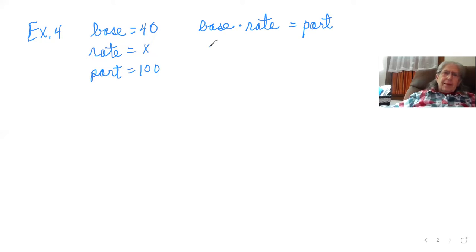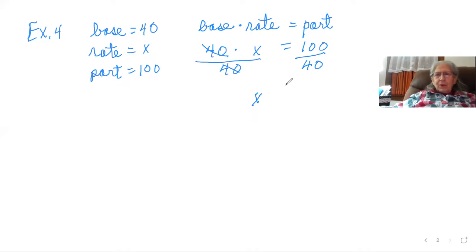And we go plugging it in. 40 times x equals 100. And we divide by 40. Nothing new. And we get x equals 100 over 40 equals 2.5.